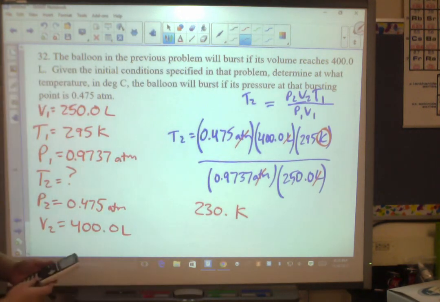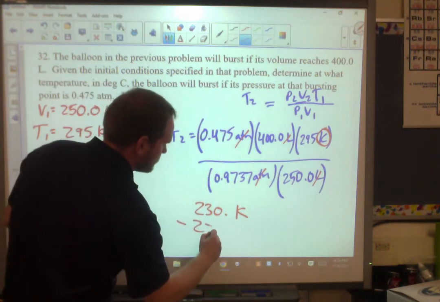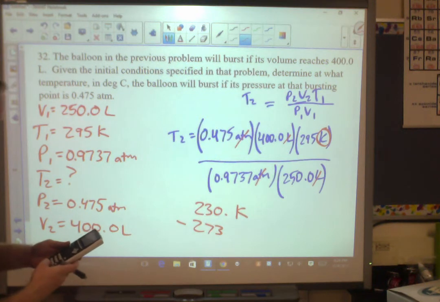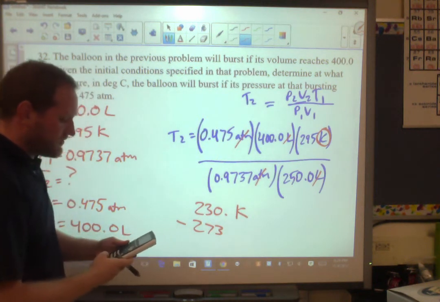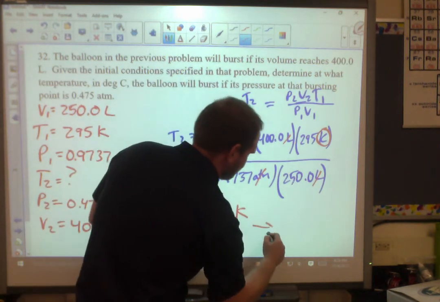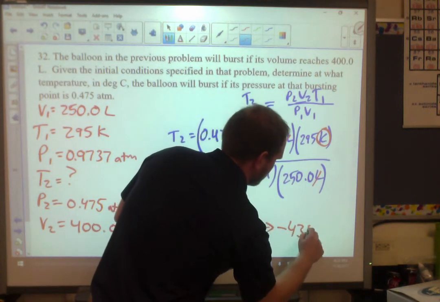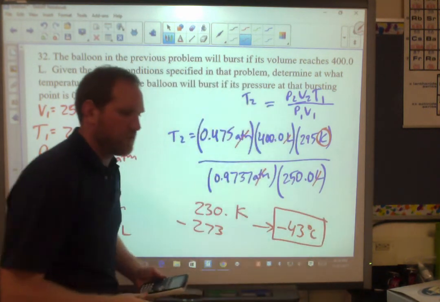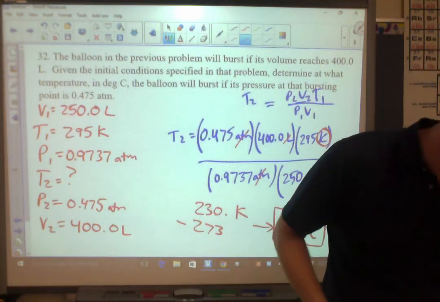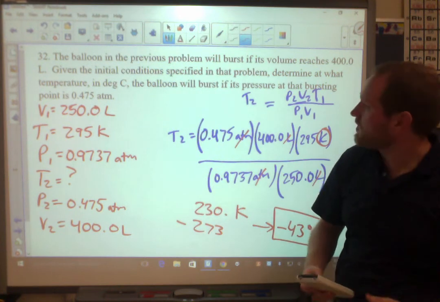Now the problem asks for degrees Celsius, so minus 273 gives us negative 42.7, well that's with my rounding here, negative 43. That's going to be the temperature. Okay? And that kind of makes sense. That's about how cold it is way up in the atmosphere.